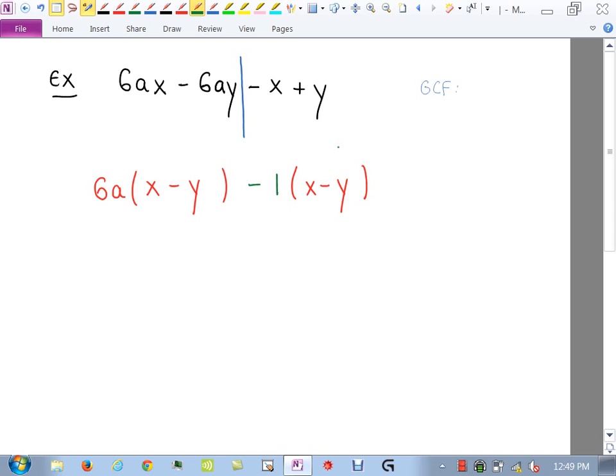So it's harder. Do you see that that's harder to see? If you would have put 1 here, then you would have had X what? What would you have put inside?